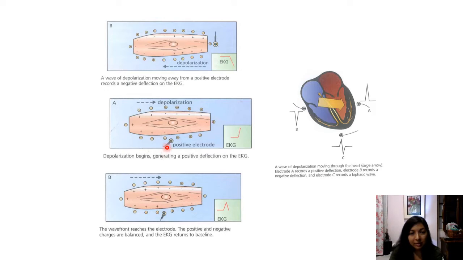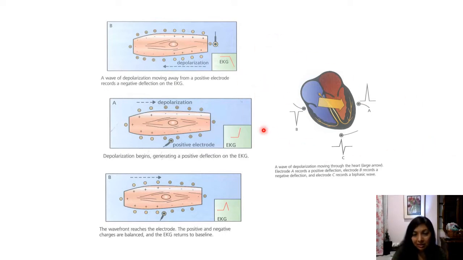But if you have a lead sitting in the middle of a muscle fiber, when the depolarization wave is moving towards that lead, you will see an upward deflection. If you imagine the wave of depolarization moves towards the muscle and then bypasses the muscle and goes past it, it will go up and then down. That's how the waves of depolarization on your ECG paper get created.